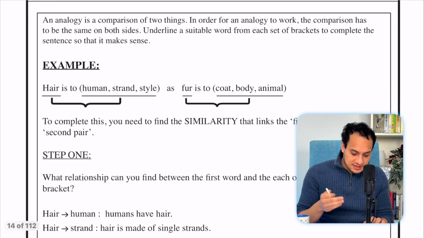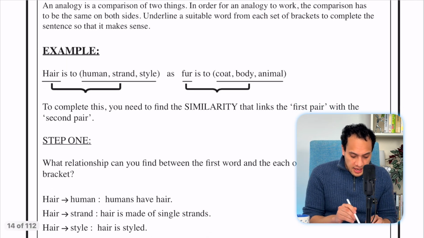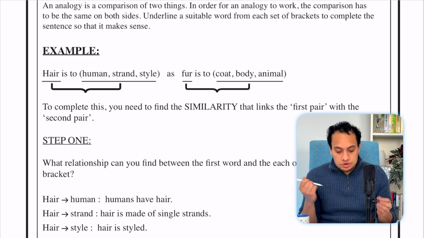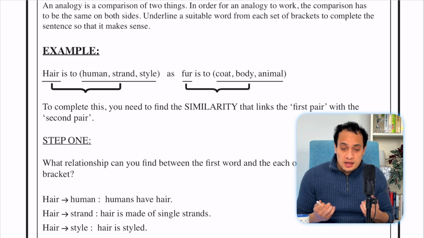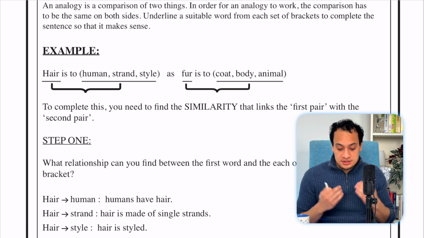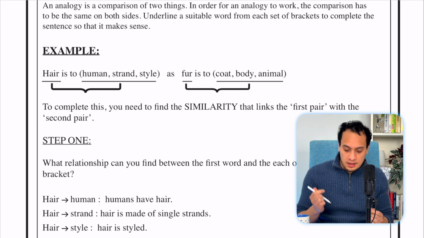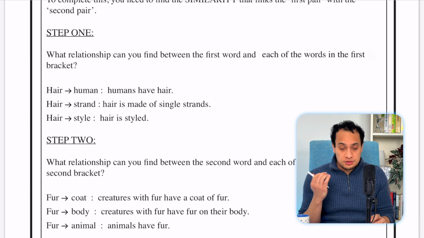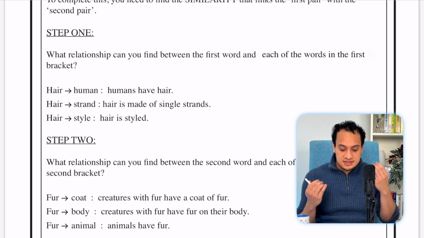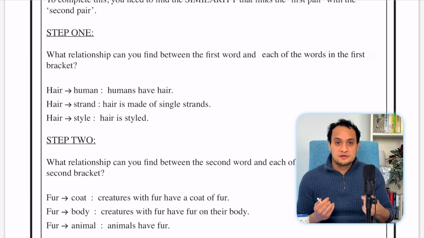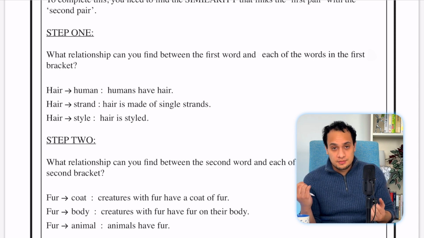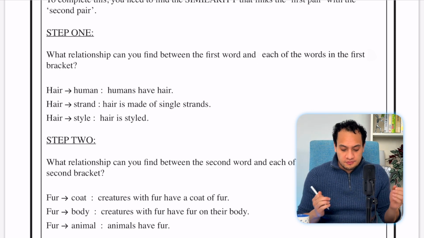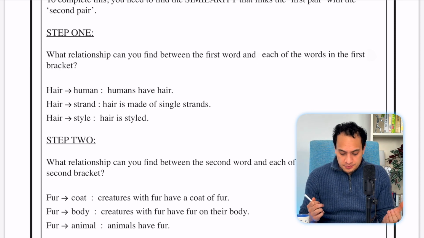If we look at this example here, we've got hair is to human, strand, or style, as fur is to coat, body, and animal. Okay, so what we need to do first is find similarities that link the first pair with the second pair. Our first step is to find the relationship between the first word and each of the words in the first bracket.